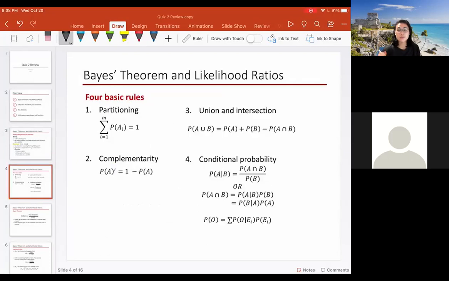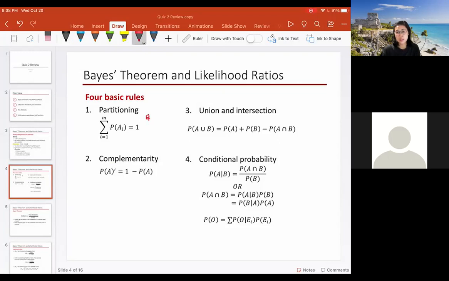These are the 4 basic rules of probability that will be important once you start working on Bayes' theorem and also likelihood ratios. In particular, this one right here, partitioning. This partitioning rule also applies to conditional probabilities of outcomes.